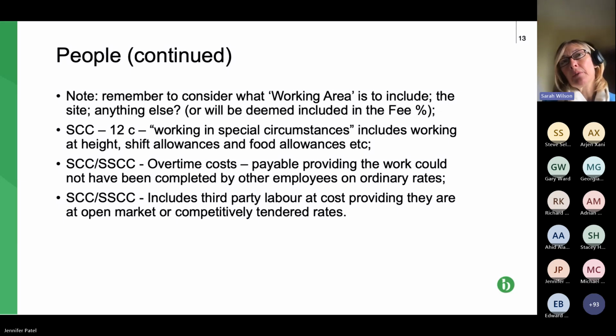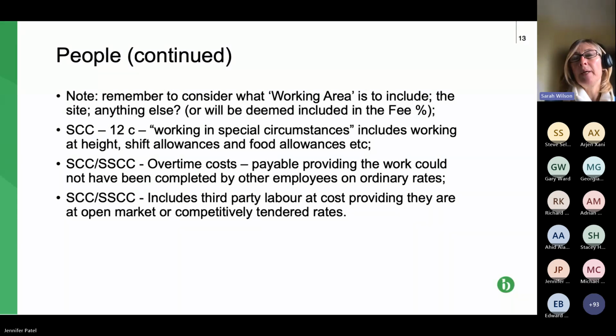So for example, if you think the work might take 2 days and it'll take, I don't know, 4 members of the team, I'm not going to look at specific disciplines, you would be looking at pricing those 4 people. What do they cost the business? And of course, they may all be the same discipline, but they may all cost the business a different amount. They may be paid a different salary or different rates.